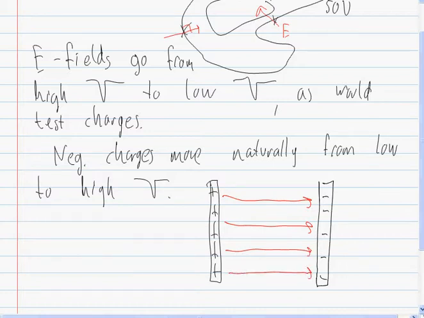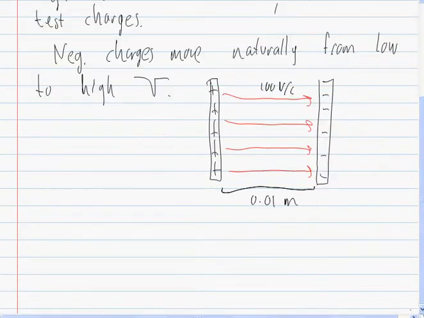And we asked, they said the electric field was, I don't know, 100 newtons per coulomb. And this distance here is 0.01 meters. Well, in this case, E is constant.